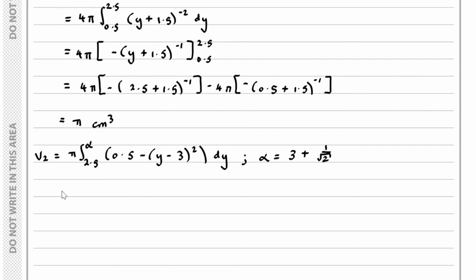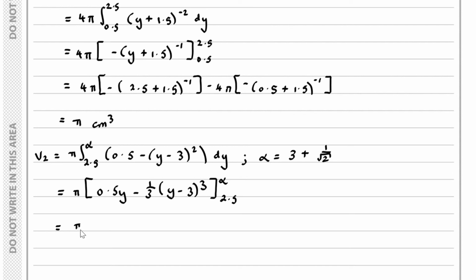we've got here pi lots of, now if I integrate the 0.5, I'm going to get 0.5y, and if I integrate y minus 3 all squared, I'm going to get minus the third lots of y minus 3 all cubed. And I'm going to evaluate this from 2.5 to alpha. So the way we can tidy this up is, well, let's substitute in actually.